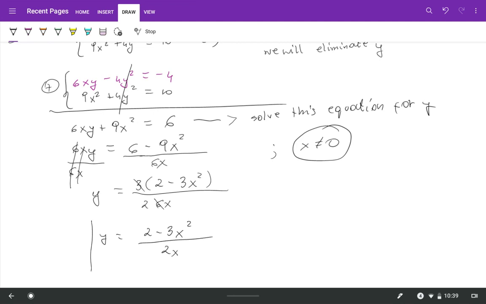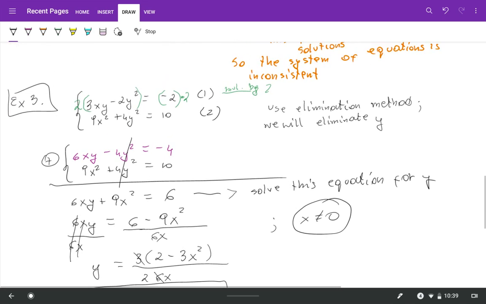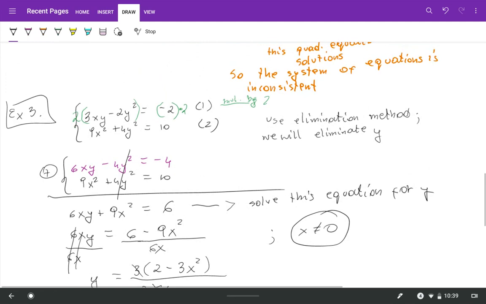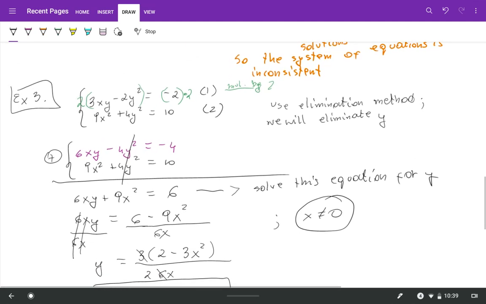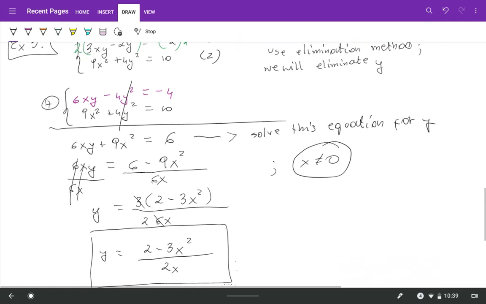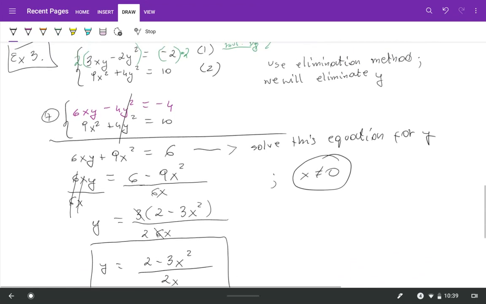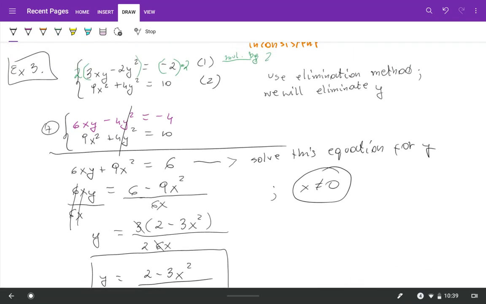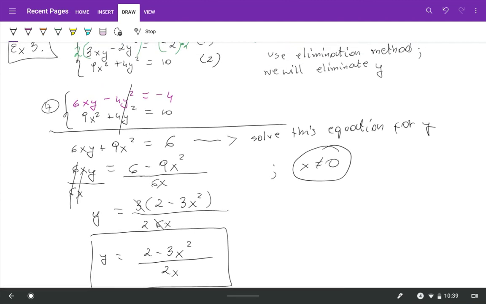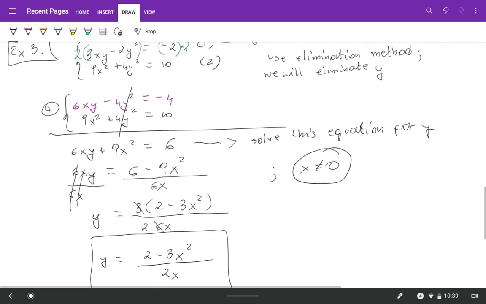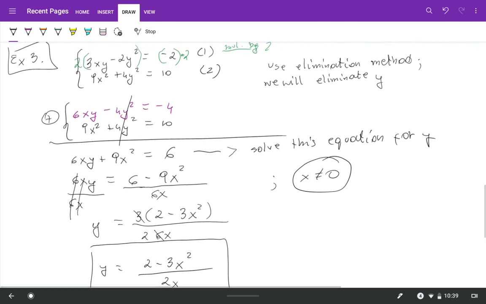Okay. So we have an equation for y. So what we're going to do next? Next, when we have the equation for y, we want to use either equation 1 or equation 2 and replace y from this original equation with the expression of 2 minus 3x squared divided by 2x.